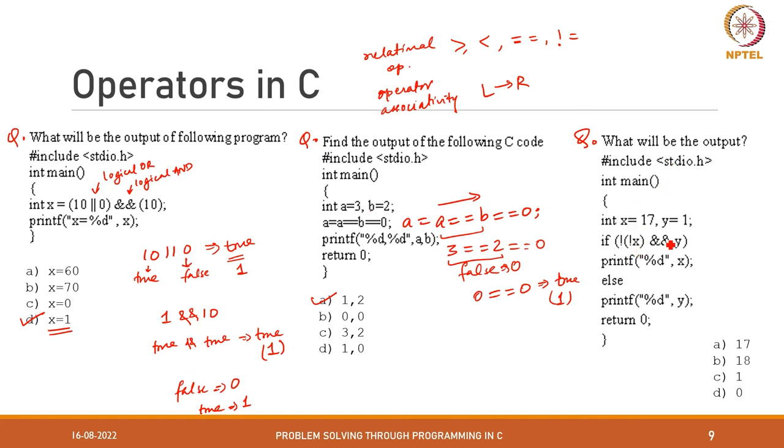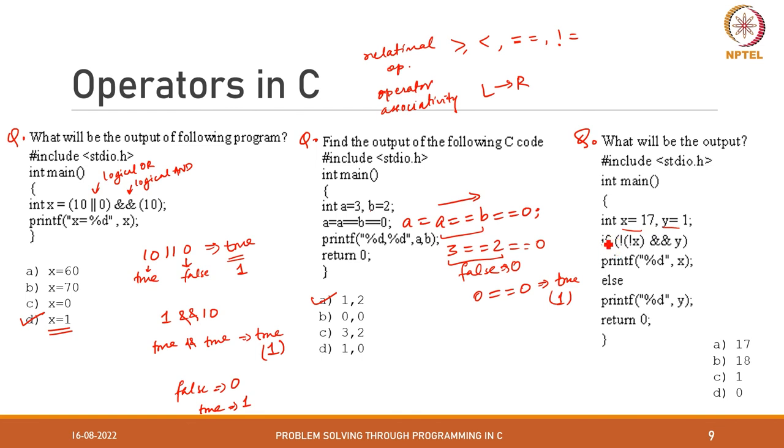So we have simply the same kind of logical operators. This is the not operation, if you remember. It will make a true into false or false into true. And this is a logical AND operation. Here we are taking two integer variables, x is 17 and y is 1, and this is the if condition.